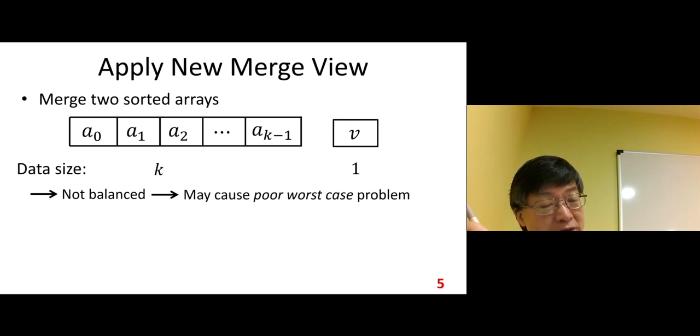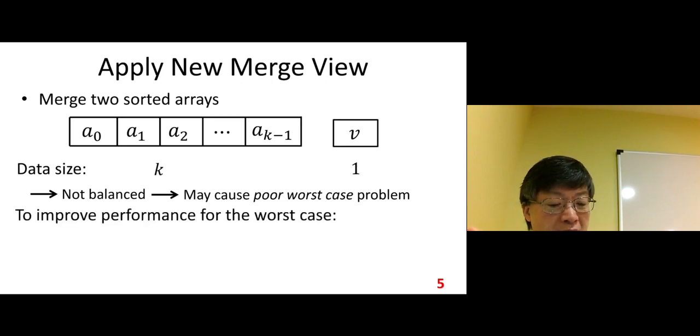Based on our experience, this unbalanced situation may cause a poor worst case. The worst case could be very bad because it's not balanced. So we want to improve the performance for the worst case.